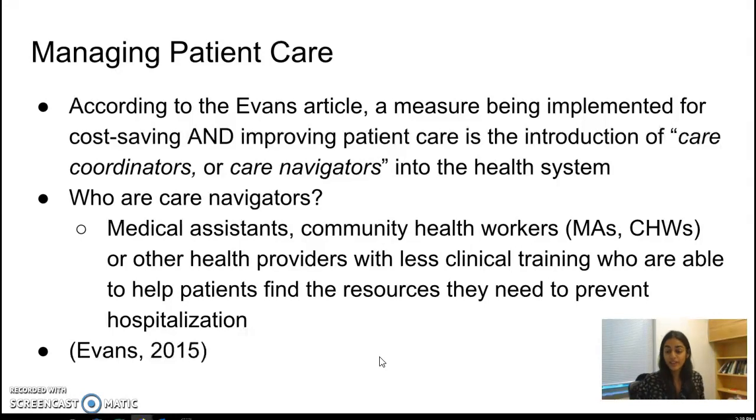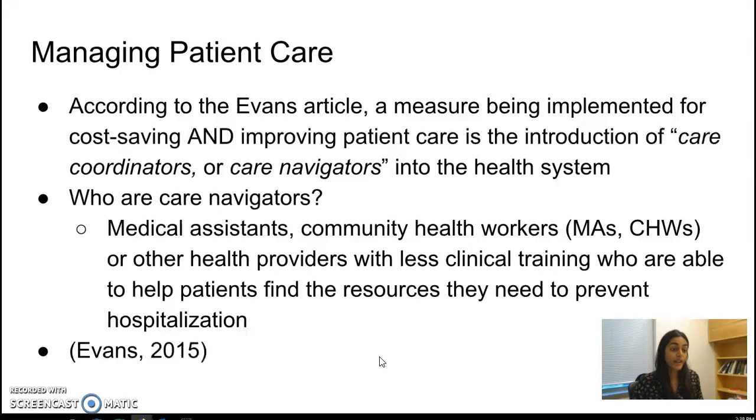And so you already know that health navigators are a really amazing resource for community members and patients who have less, or who are more vulnerable, let's say.